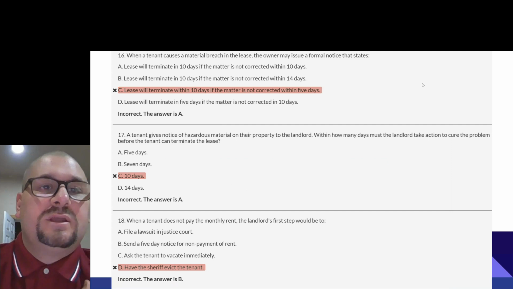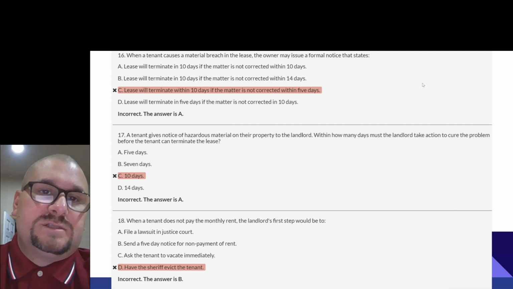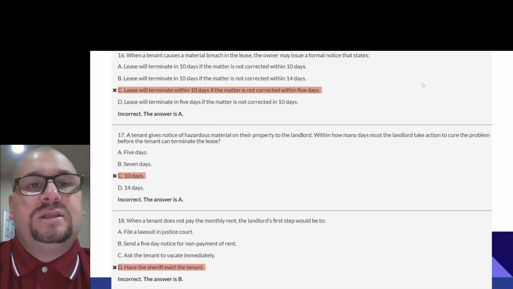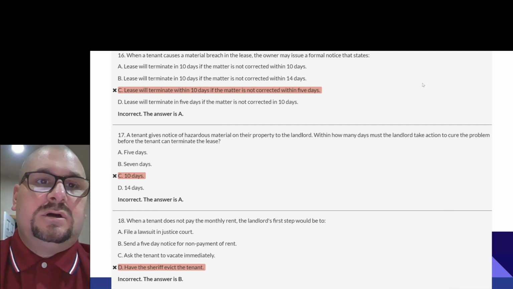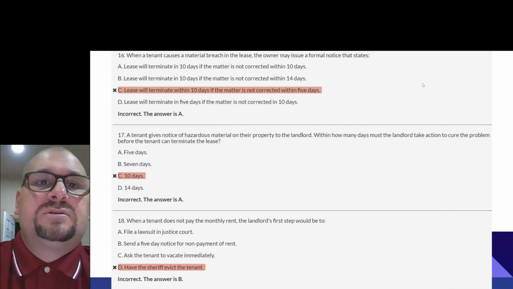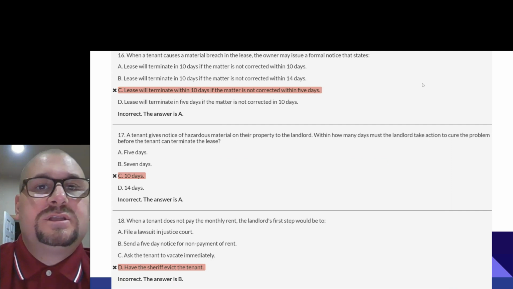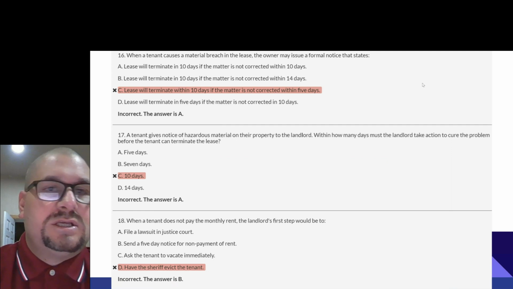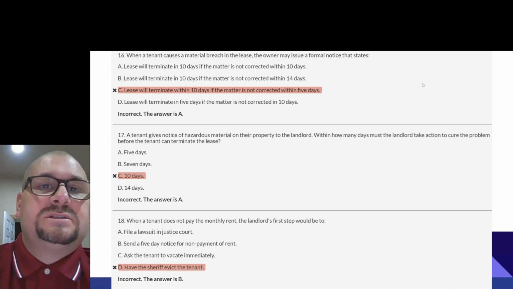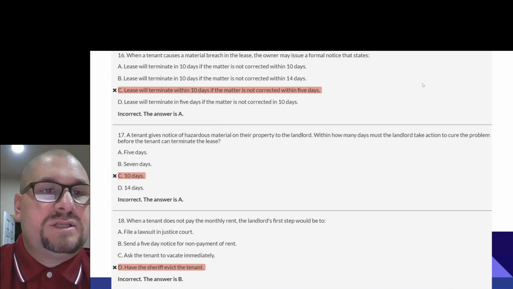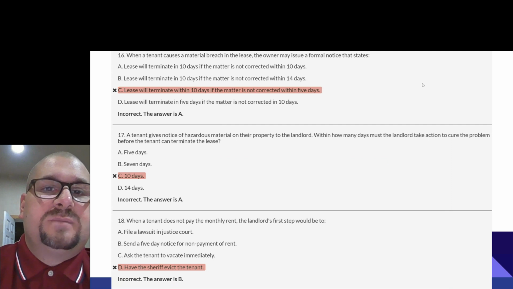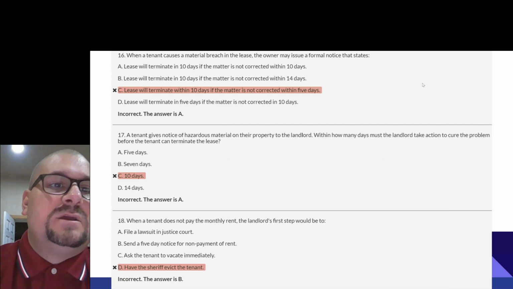So will the lease terminate in 10 days if the matter is not corrected within 14 days? No. Within 5 days? No. Will it terminate in 5 days if the matter is not corrected in 10 days? No.